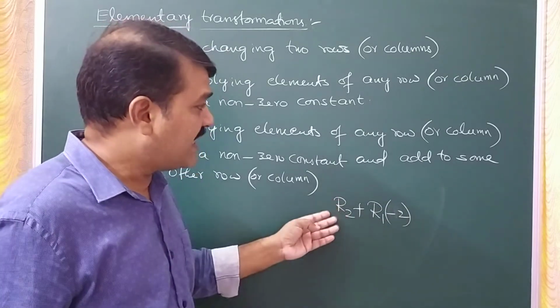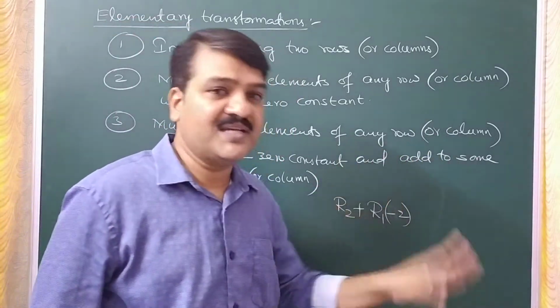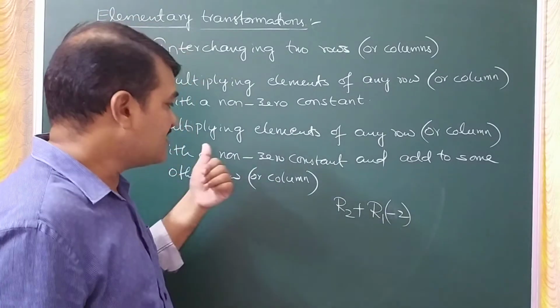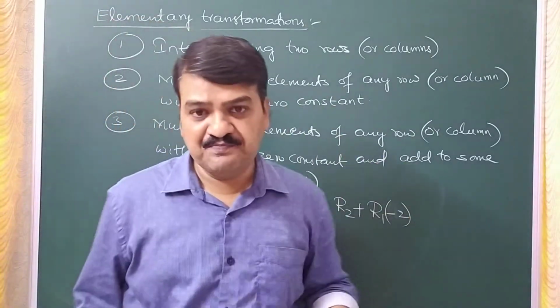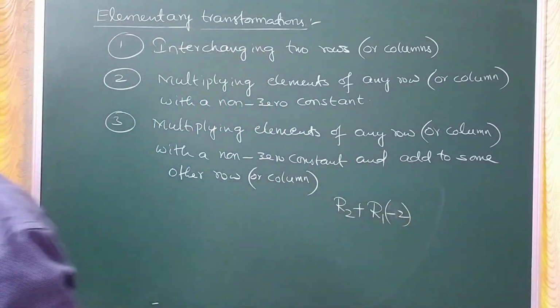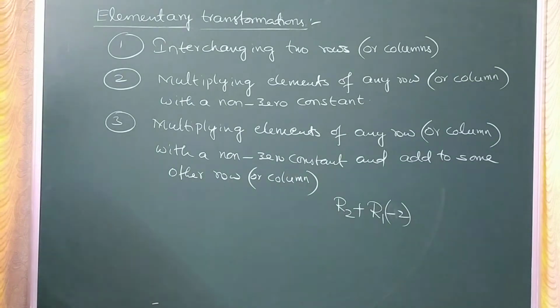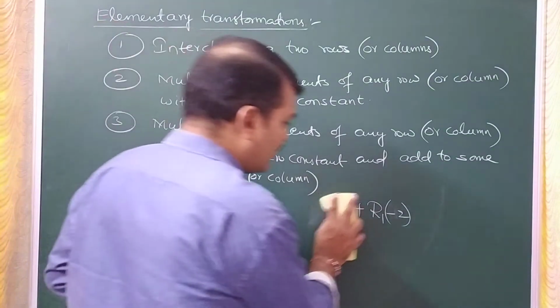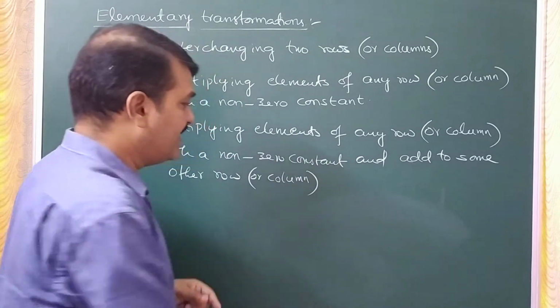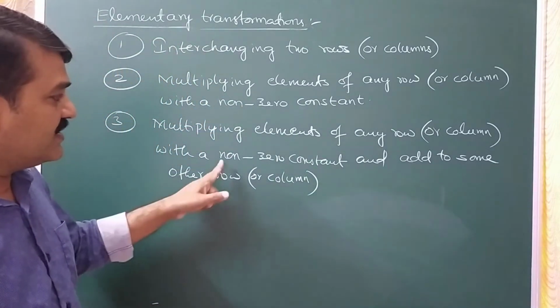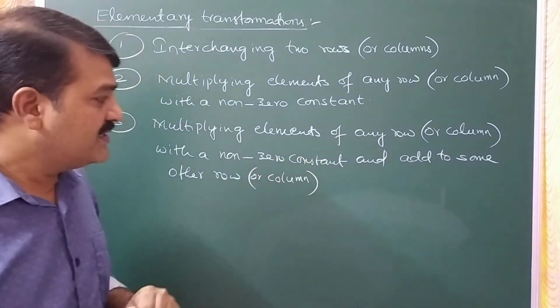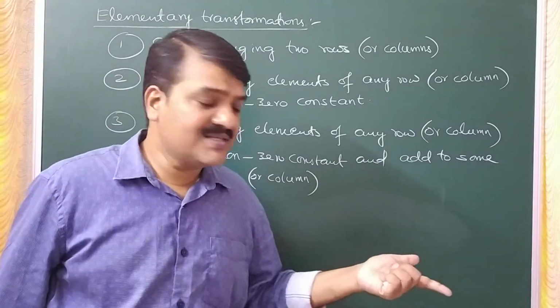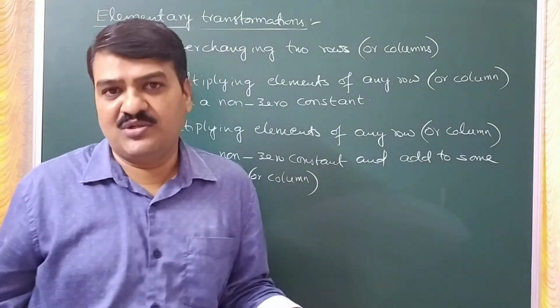If the constant is positive, that is going to be a pure addition. If the constant is a negative value, it is practically subtraction only.